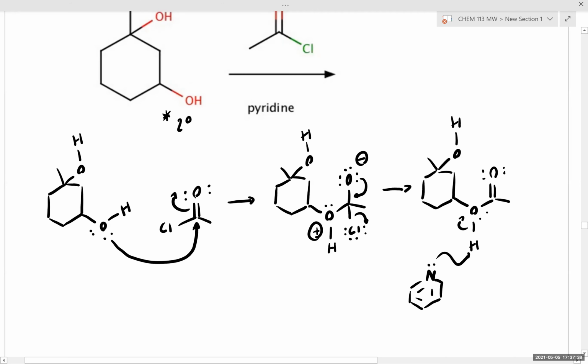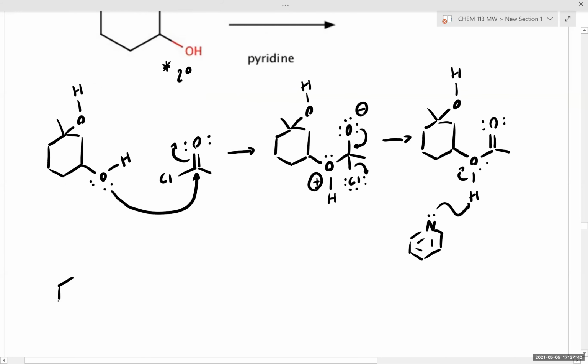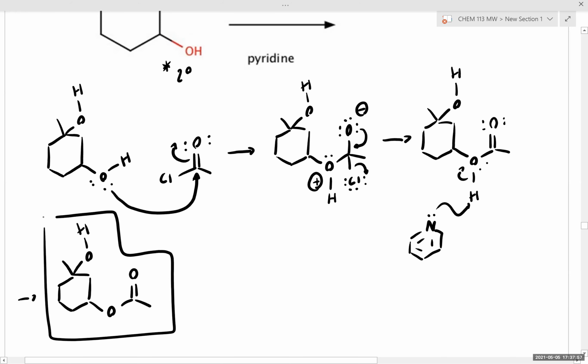So based on the mechanism for this reaction, would we need stoichiometric or catalytic pyridine? Do we need one equivalent of pyridine or can half an equivalent suffice? What do we think for this mechanism? Would we need stoichiometric or catalytic base?